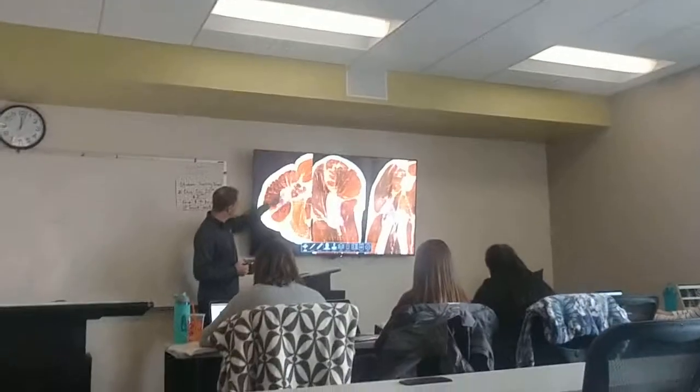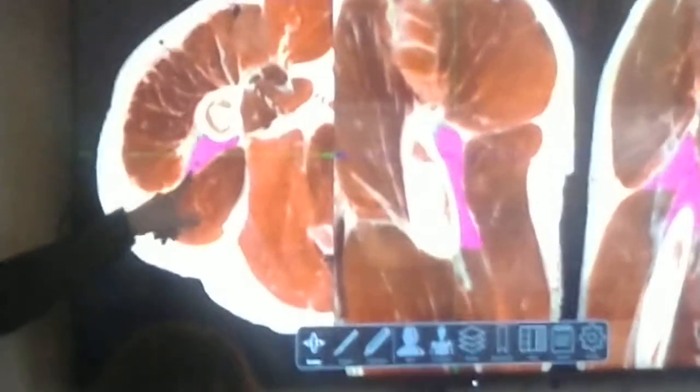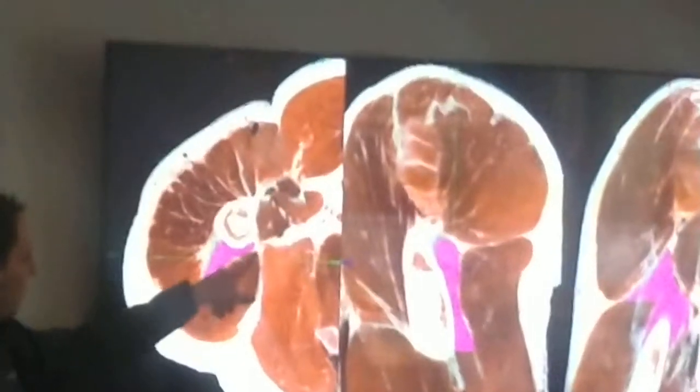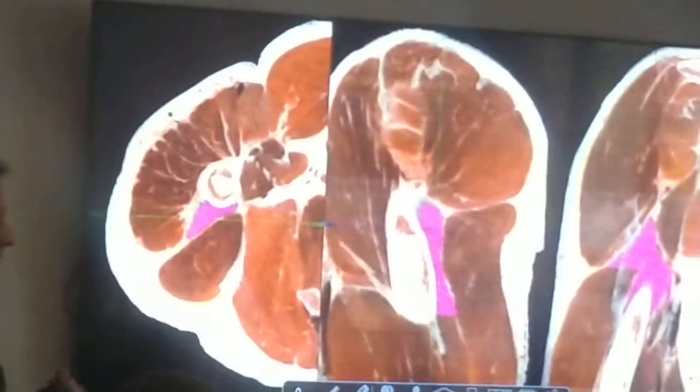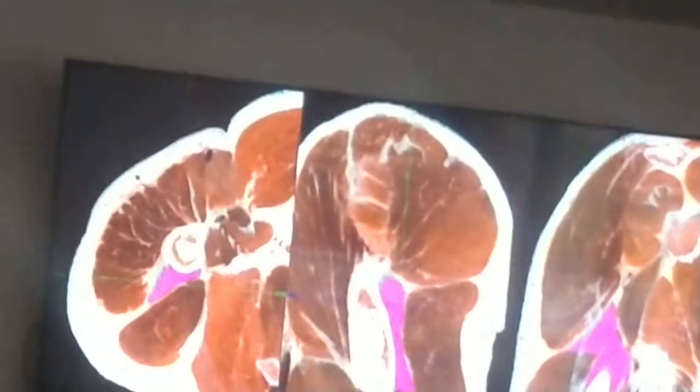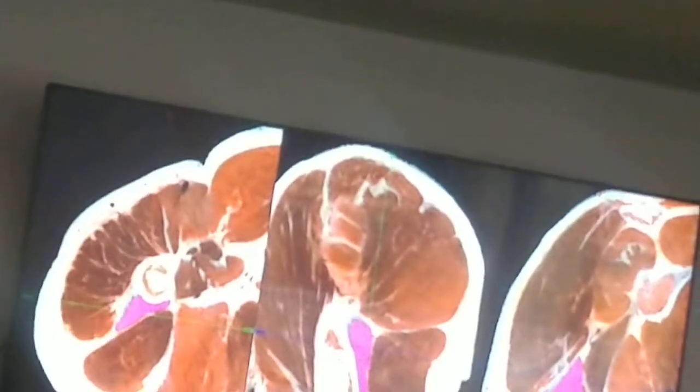I can see the posterior compartment here, that's the brachial fascia, right? So I've got the posterior compartment of the brachium. Then who am I going to be? Triceps, right?